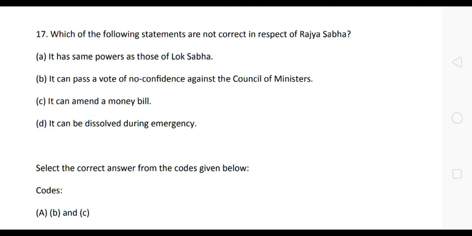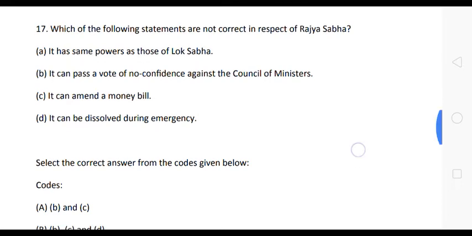Okay, friends. Which of the following statements are not correct in respect of Rajya Sabha? Statement A, it has same powers as those of Lok Sabha. This is not correct. Statement B, it can pass a vote of no confidence against the Council of Ministers. This is also not correct. Statement C, it can amend a money bill.